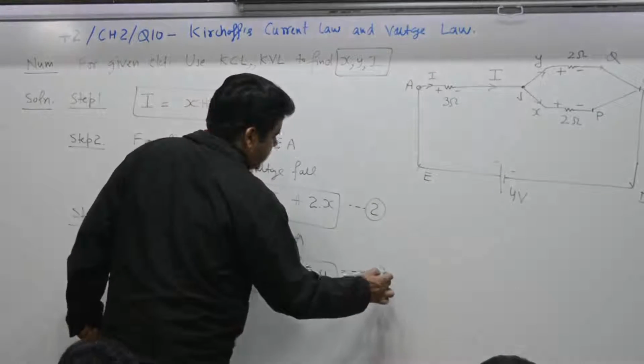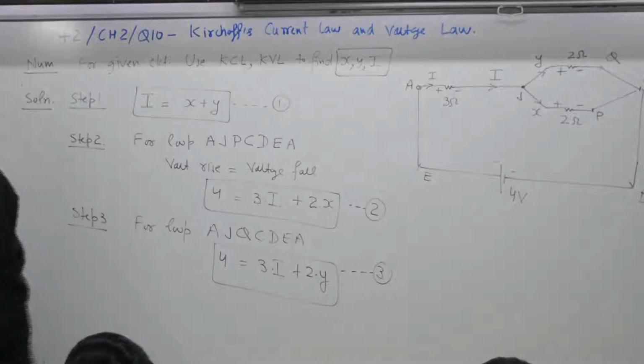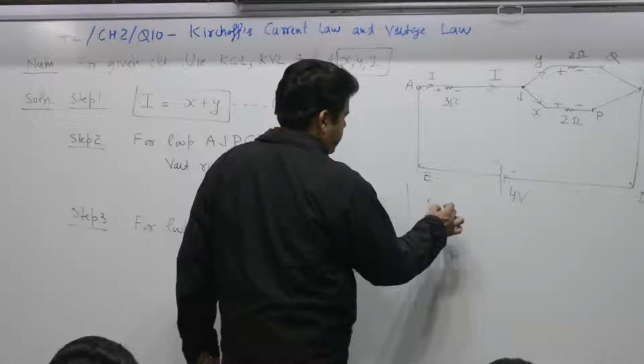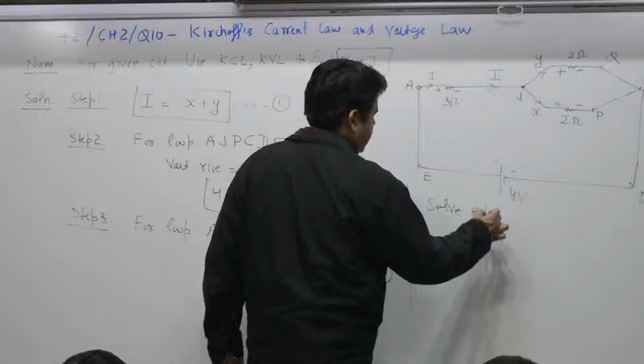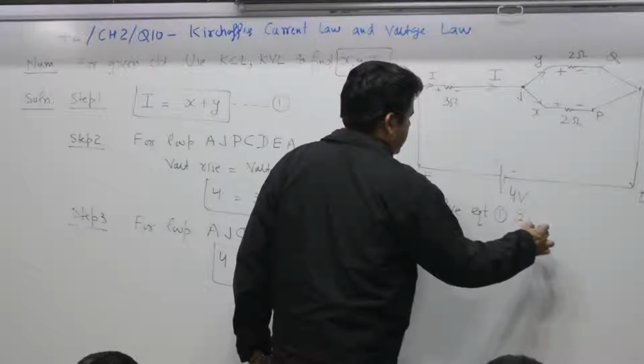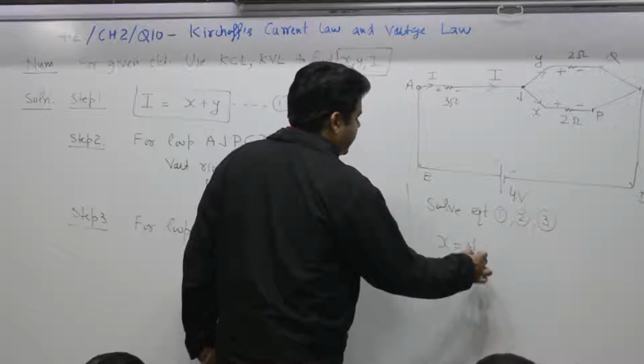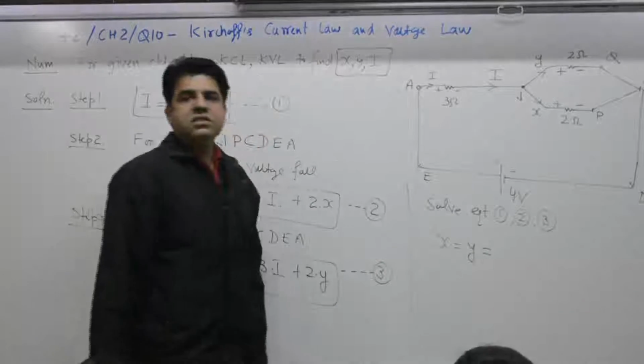How many equations are there? 3 equations, 3 unknown. Solve equation number 1, 2 and 3. What you get is X and Y you will find will come out to be same.